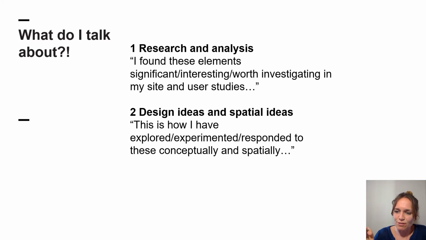This is how I've explored them, experimented with them or responded to them, both from a conceptual point of view, like a design idea, and from a spatial point of view, so form making, the sections that you've done, the models that you've created. How have they responded to the analysis that you've done of the site and of the user?